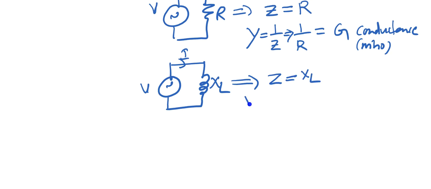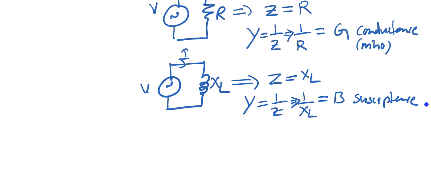If you want the admittance for this one, again do the same. So 1 by XL is also denoted with B. It is called susceptance, and the unit for susceptance is Siemens.